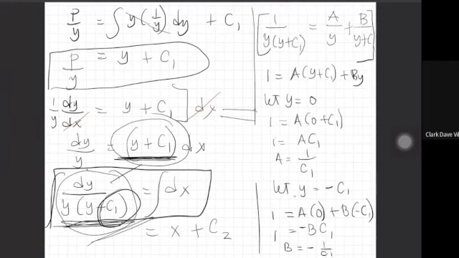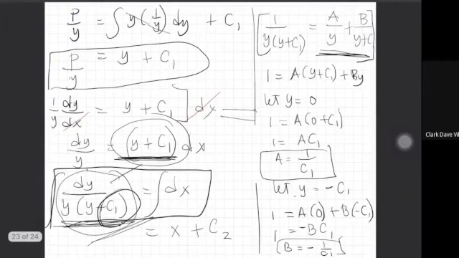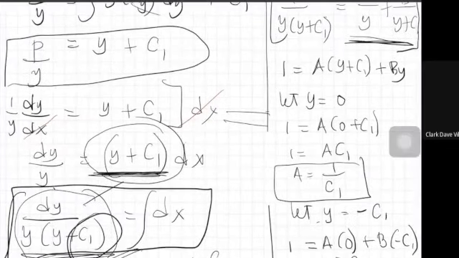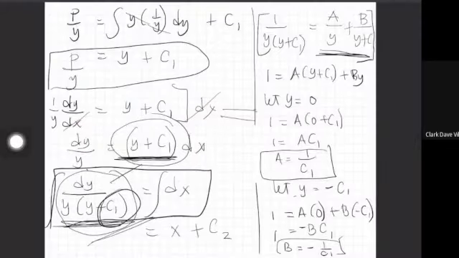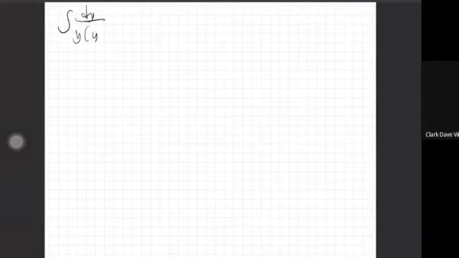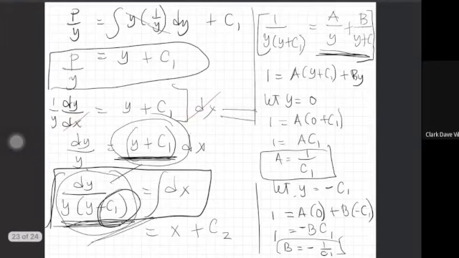So this expression initially, we wrote dy over y times y plus c sub 1 as equal to, what was our a? 1 over c sub 1.